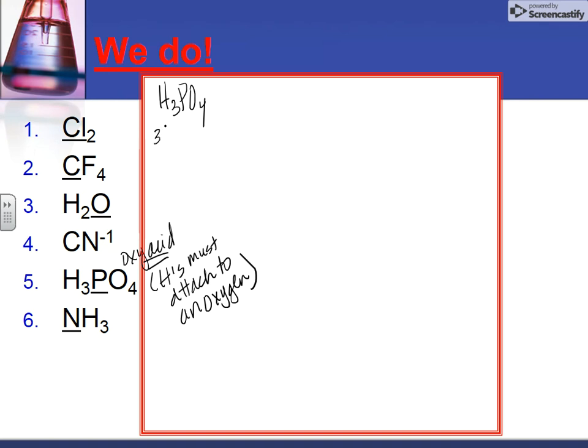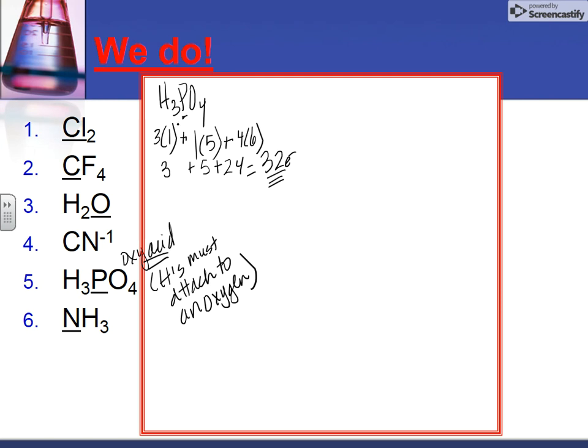Hydrogen, there's 3 of them, and they have 1 valence electron apiece because they're in group 1A. There's 1 phosphorus, in group 5A, so he has 5 valence electrons. And there's 4 oxygens, in group 6A, so they have 6 valence electrons. That gives me 3 plus 5 plus 24, and if you add those together, you get 32 total electrons.